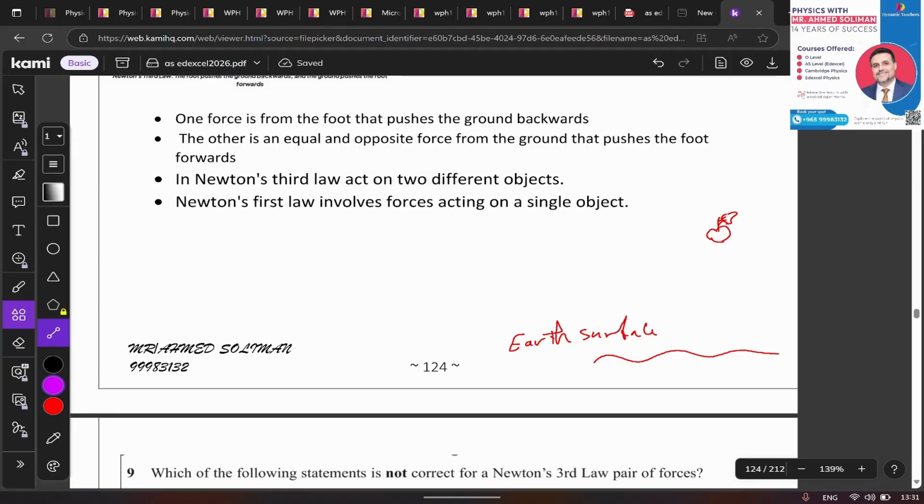The action is when the apple hits the Earth's surface. Reaction is when the Earth's surface exerts a force on the apple. No, because I'm talking about the apple in this position. Oh, there are two forces, weight and air resistance.